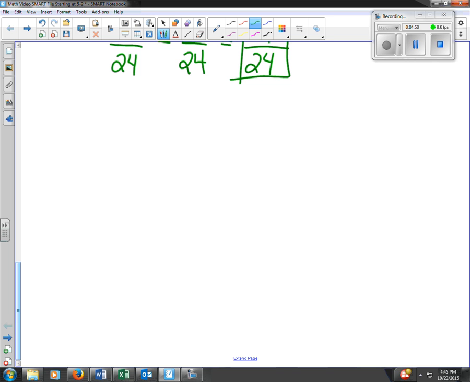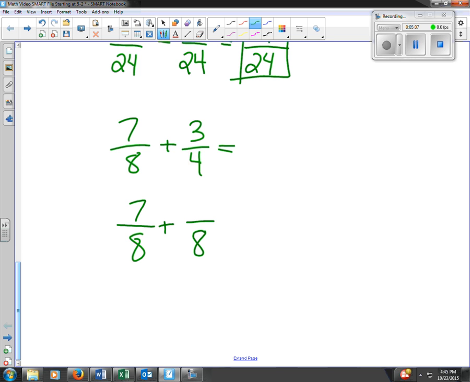Okay, let's try one more: 7/8 plus 3/4. Again, common denominators, even when adding. You can leave the 7/8 alone because the 4 can become an 8. 2 times 3 is 6, so you get 6 over 8. When you add this, you get 13 over 8.